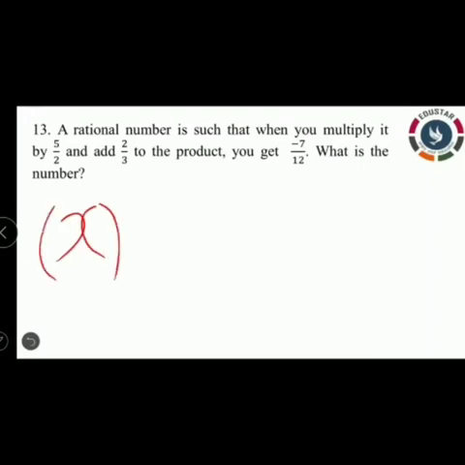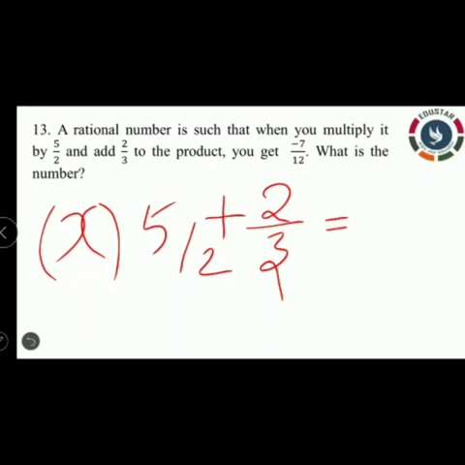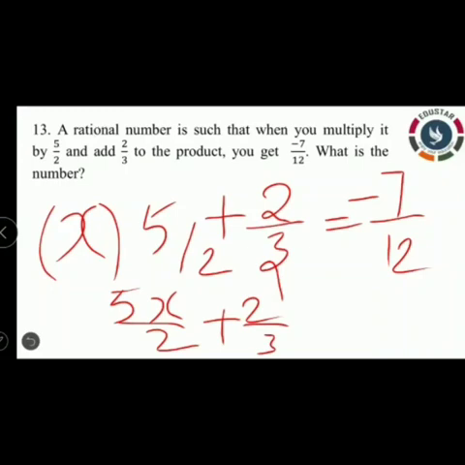This x multiplied by 5 by 2 and add 2 by 3 to the product, you will get minus 7 by 12. So, 5x by 2 plus 2 by 3 is equal to minus 7 by 12. Using this equation, find the value of x.